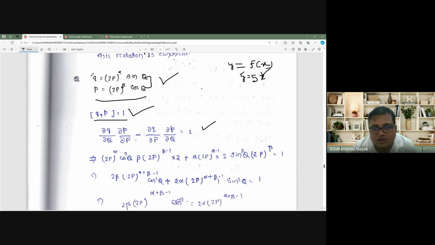So here q is written like this, p is written like this. That means our new variable is small q, small p. So here the transformation is from capital Q, P to small q, small p. So reverse. So here, when you calculate the Poisson bracket formula equal to 1, it is with respect to capital Q, capital P.